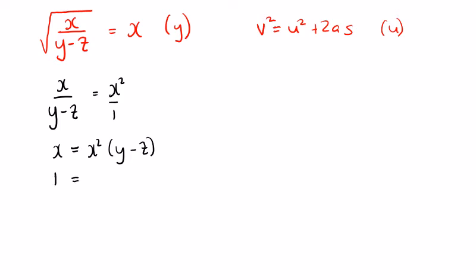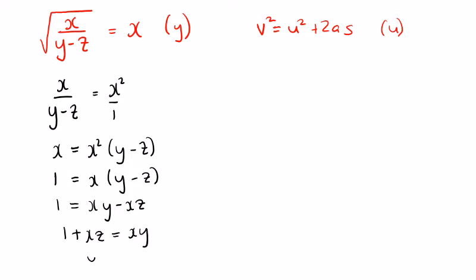So I'm going to get 1 is equal to x times y minus z. So 1 is equal to xy minus xz. 1 plus xz is equal to xy. So y is equal to 1 plus xz over x, or 1 over x plus z.